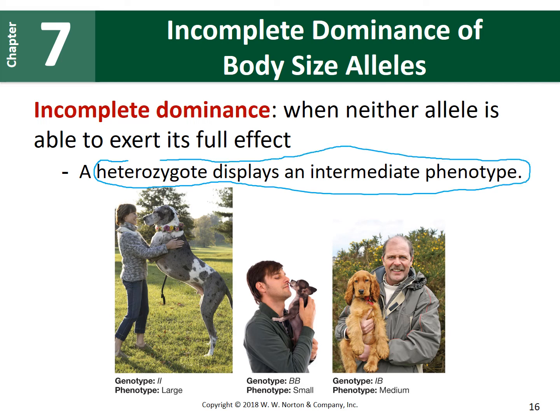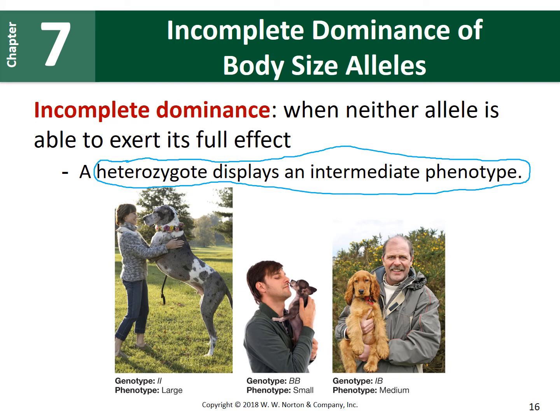Here we have an example coming from the book looking at dogs. We can have a dog that has a genotype big I, big I. That dog will grow up to be large. We can have a genotype big B, big B, and that dog will grow up to be small.